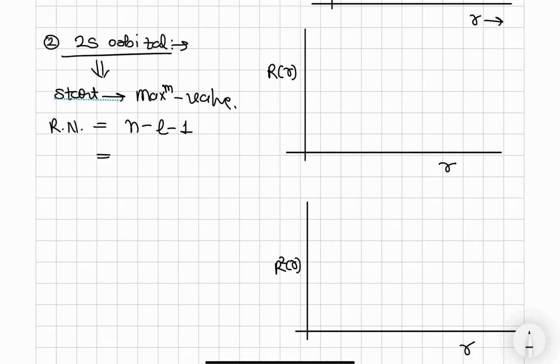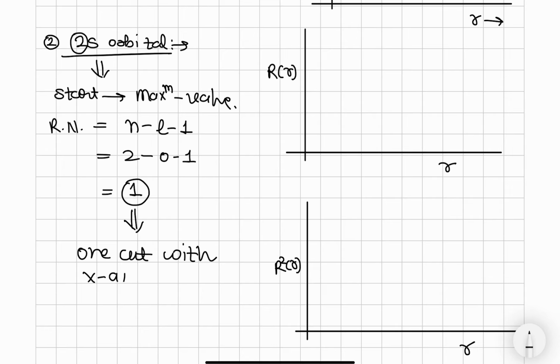What is the value of n for the 2s orbital? 2, minus the value of l, which is 0, minus 1, and this will be 1. That means the number of cuts is 1 cut with the x-axis. And we also write that if there is 1 cut with the axis, then the graph will change its sign.